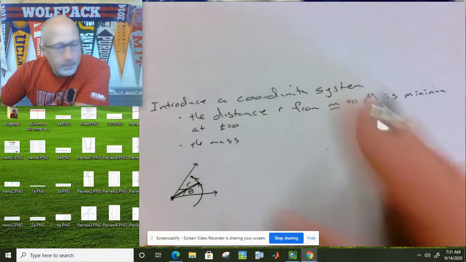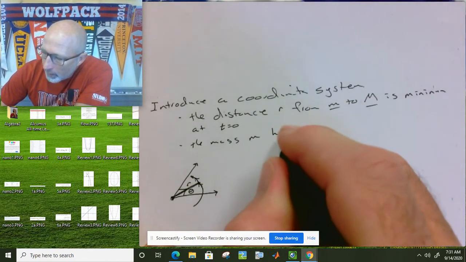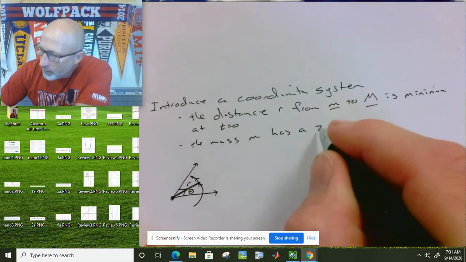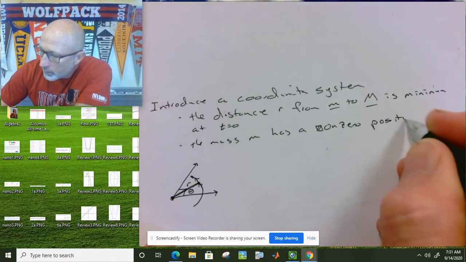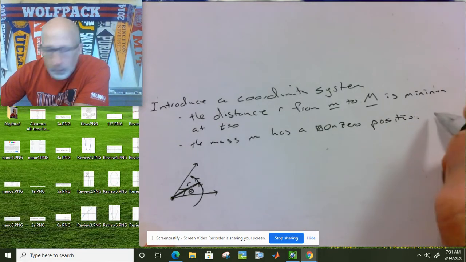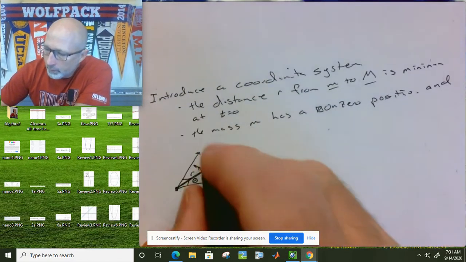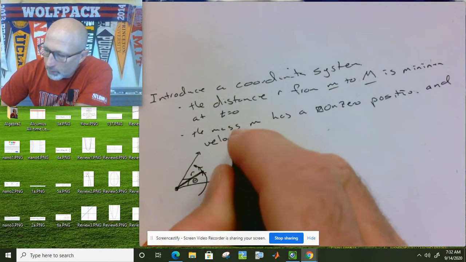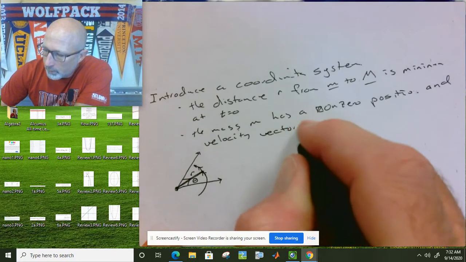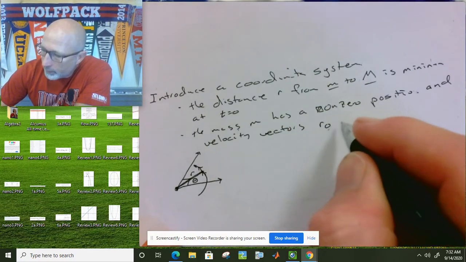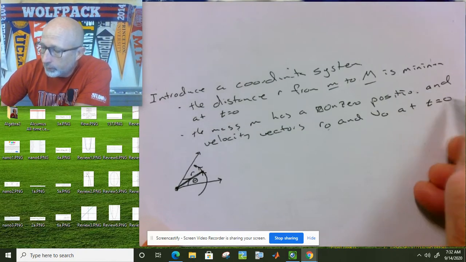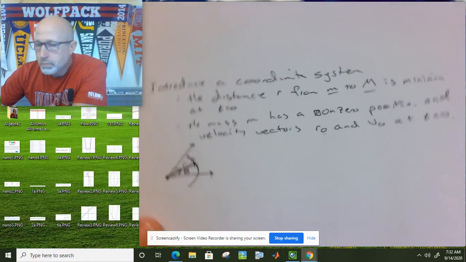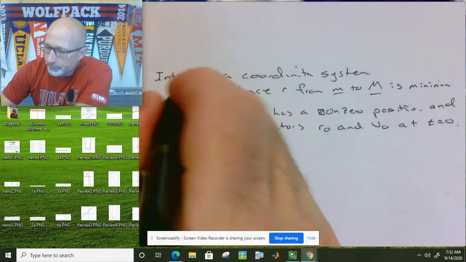Okay, so the second one is the mass m has a non-zero position and velocity vectors r naught and v naught at t is equal to 0. Okay, so that's what we know.